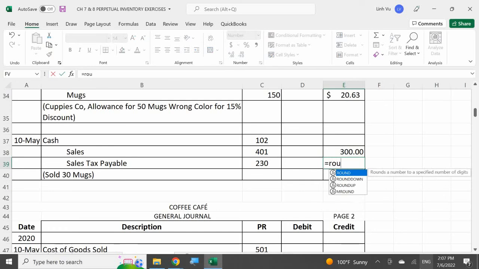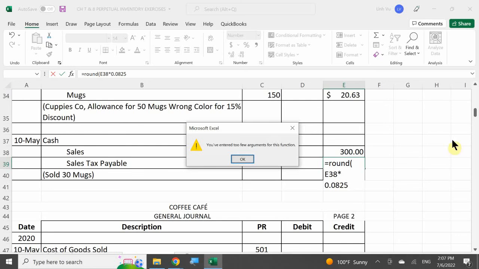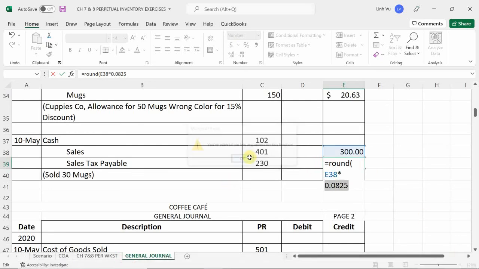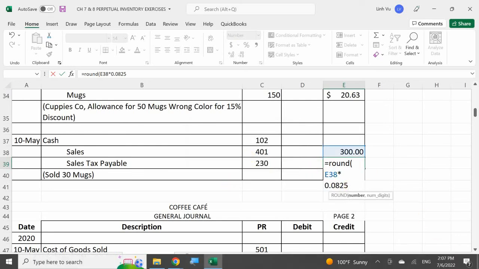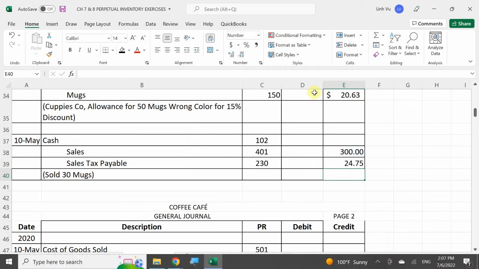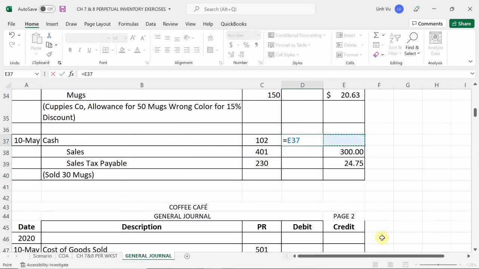And the tax, $24.75. Grand total cash should be $324.75.